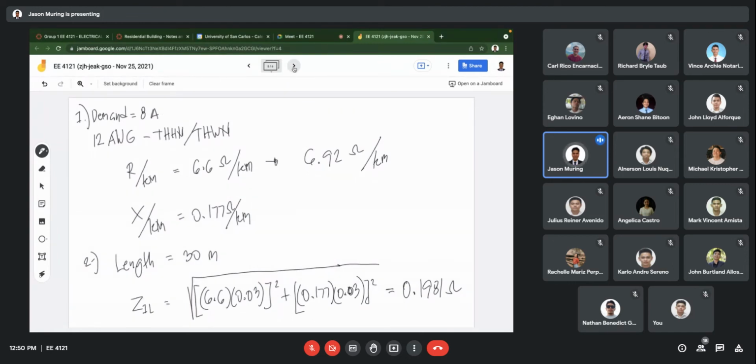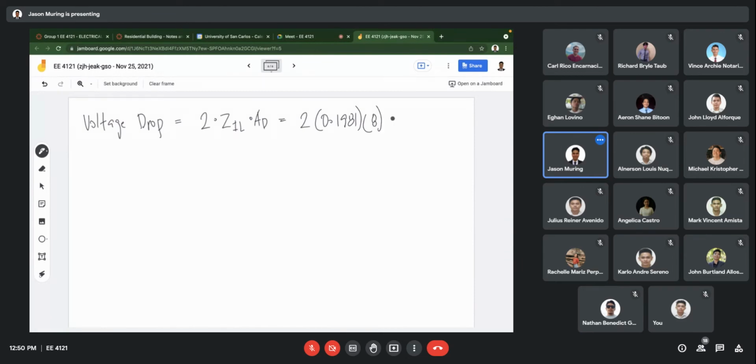So muna siya ang demand. Okay, so 2 times 0.1981 times 8. So we have here 3.17 volts.